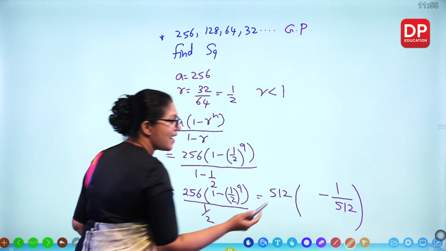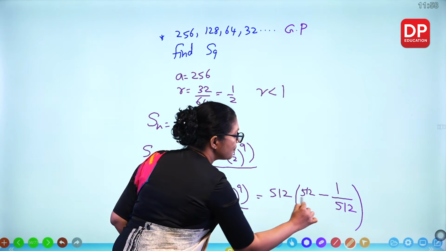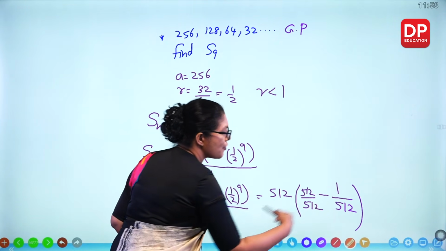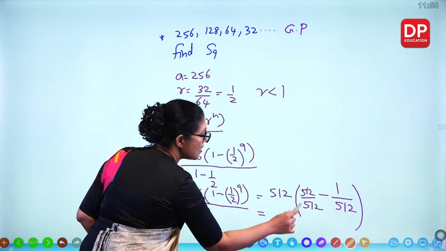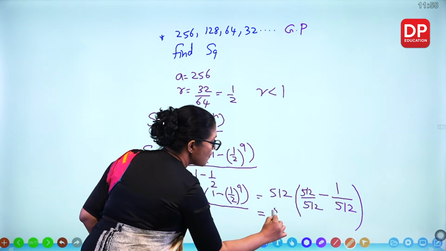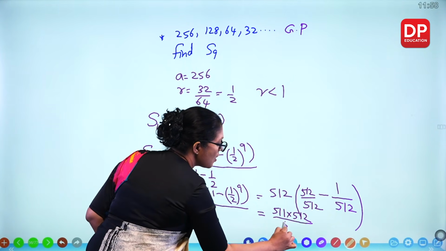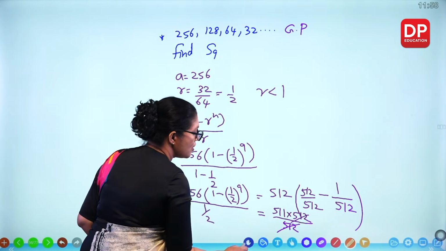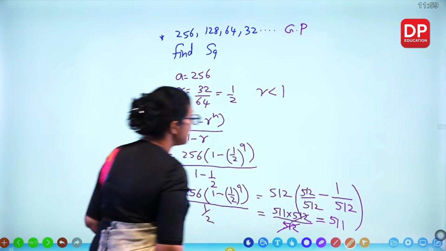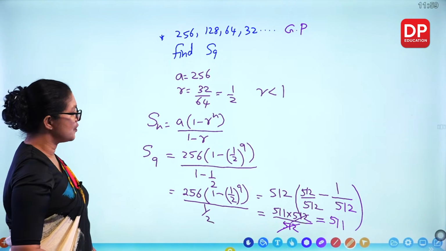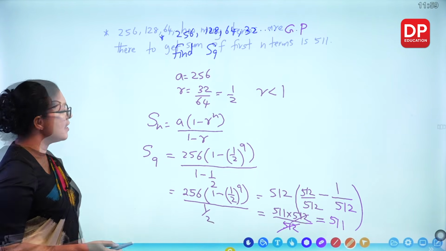Now 1 I can write as 512 over 512, because I need to subtract these two fractions. So 512 minus 1, you get 511, and the 512 cancels out. You get the answer as 511. So the S9 value is 511.